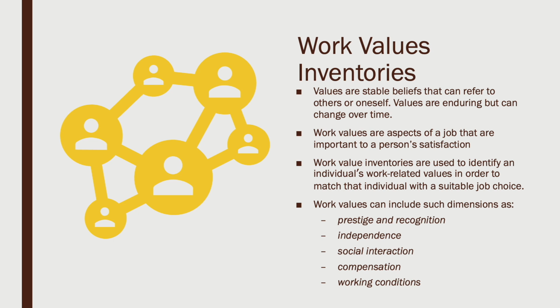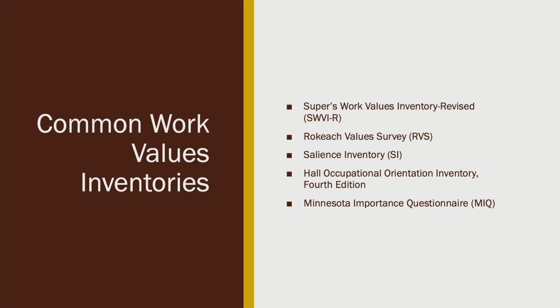Work values inventories are used to identify an individual's work-related values in order to match that individual with suitable job choices. Examples of work value inventories include the Super's Work Values Inventory Revised, the Rokeach Value Survey, the Salience Inventory, the Hall Occupational Orientation Inventory, 4th edition, and the Minnesota Importance Questionnaire.